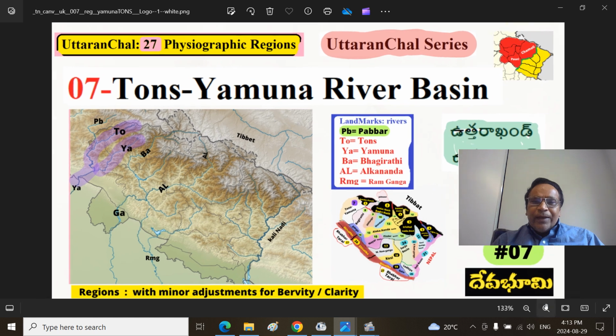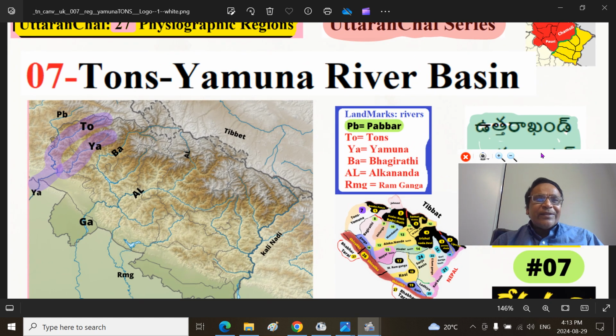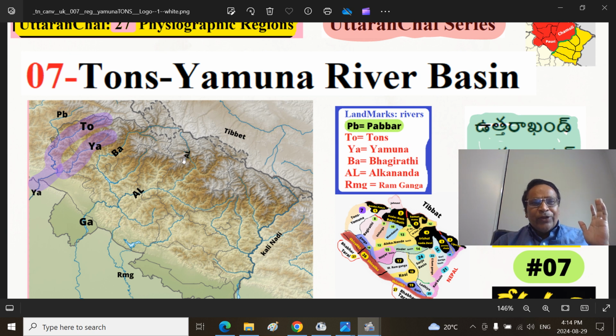Here I will show you broadly the rivers. The rivers here I have abbreviated. This is the Ganga River, of course this is the Yamuna River, and the most important head streams of the Ganga River are Alaknanda and Bhagirathi. If you remember ABC, Alaknanda is A, Bhagirathi is B, and C is for Confluence.